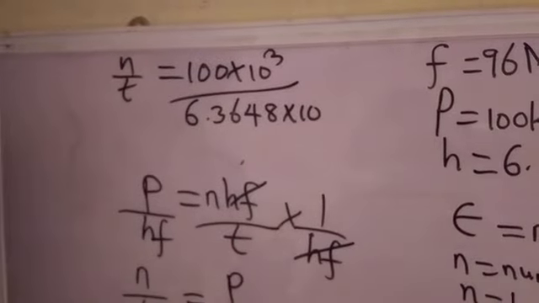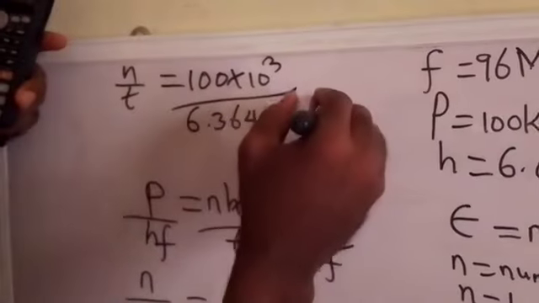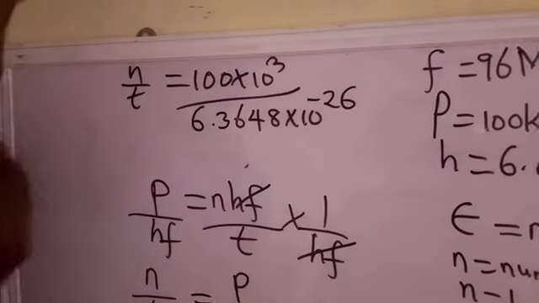The product of the denominator gives us 6.3648 times 10 raised to the power minus 26.